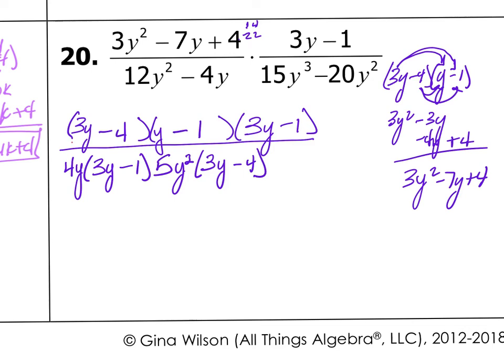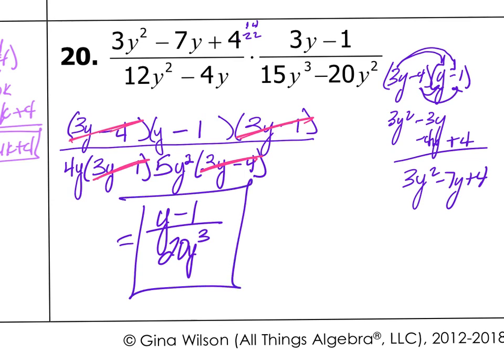So I've got 3y minus 4 and 3y minus 4, and 3y minus 1 and 3y minus 1. So what do I have left in the numerator? I've got y minus 1. And in the denominator, I've got 20y cubed. And there, my friends, is your answer.